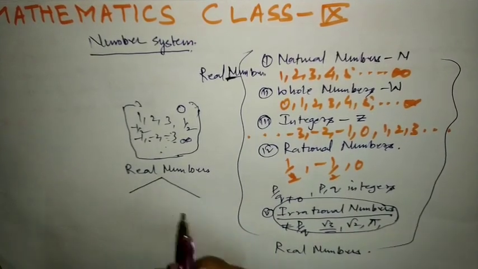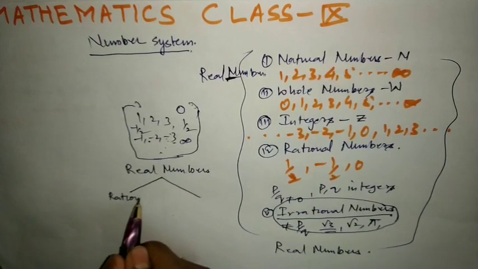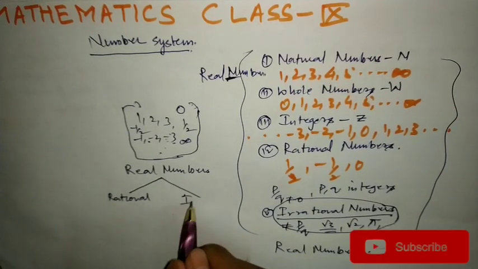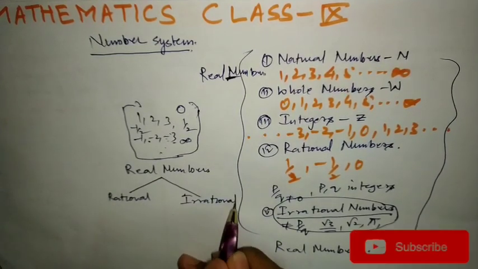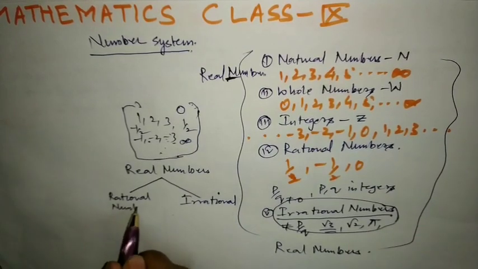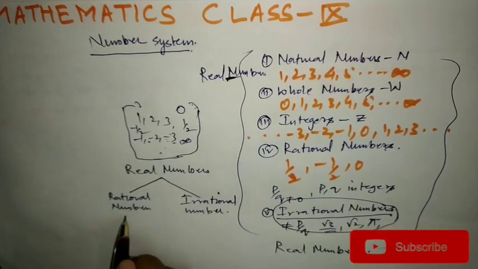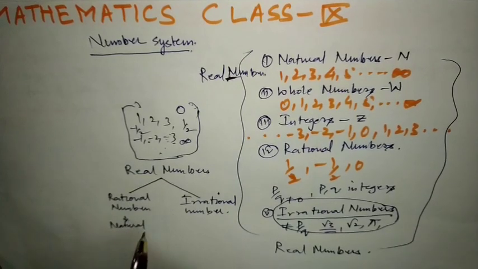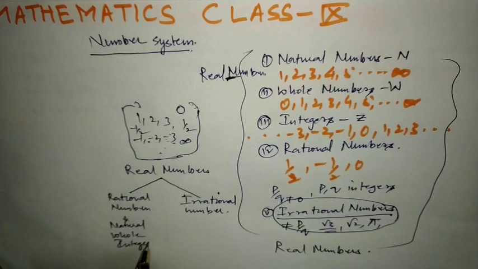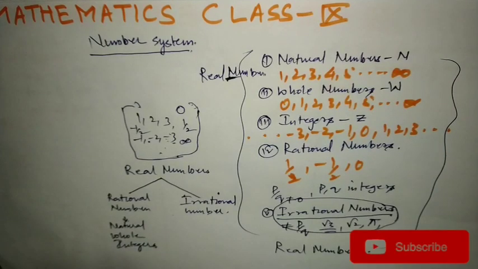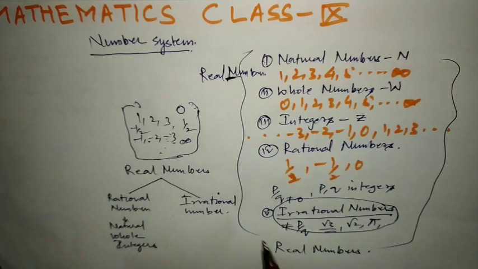We can divide it into two parts, that is rational numbers and irrational numbers. So under rational numbers what do we have? We have natural numbers, we have whole numbers, we have integers. Okay. So this is what we are going to study here. We will specially study irrational numbers in this.